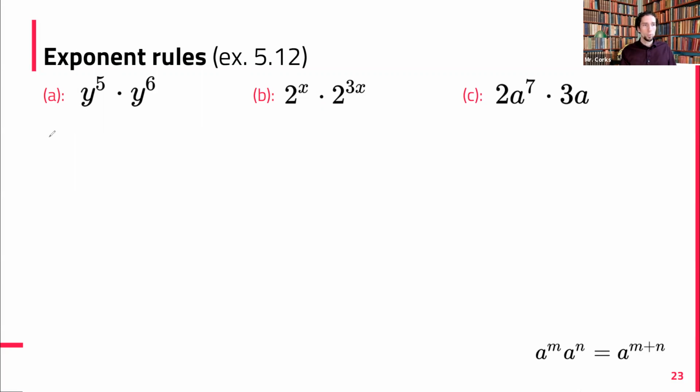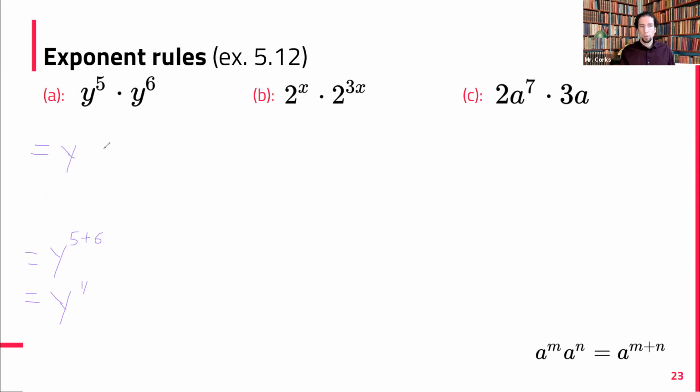Okay, first one, y to the exponent 5 times y to the exponent 6. Y to the exponent 11. I'll write out a few more steps here. Y exponent 11, y exponent 5 plus 6.